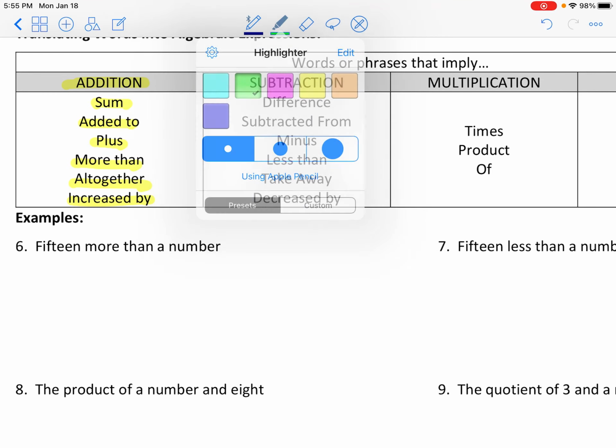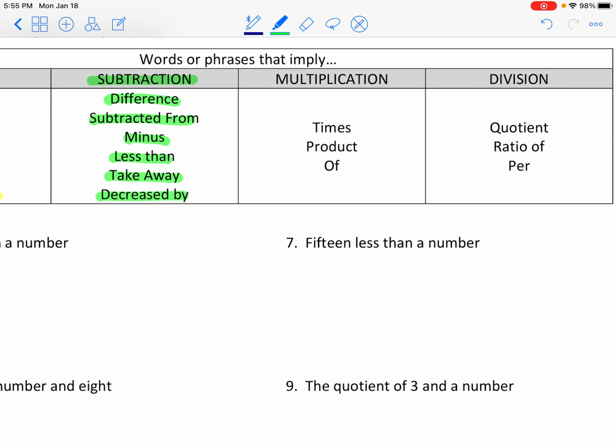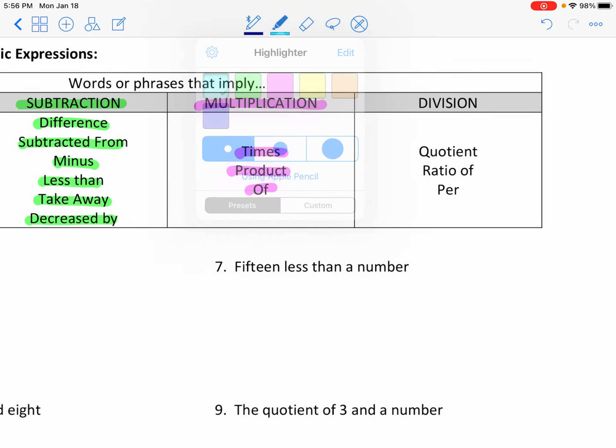If we see words like difference, subtracted from, minus, less than, take away, or decreased by, all of those imply subtraction. If we see words like times, product, of, those all mean multiply. And if we see words like quotient, ratio of, or per, we are looking at division.